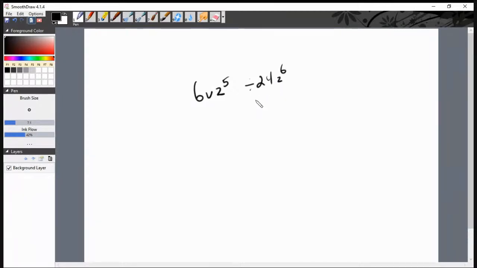All right. Again, if you're already freaking out because you don't even know what you're looking at, just pay attention to each step, okay? First thing we do is we divide our coefficients.